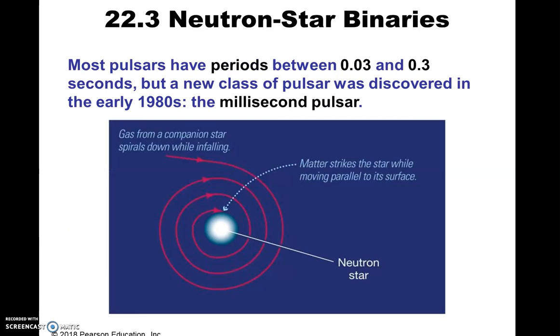So again, the normal formation of neutron stars, they're going to spin maybe at 0.03. That would be like the fastest. But we're seeing some that, these millipulsars would be spinning at a rate of 0.003. Okay, so how did that happen?